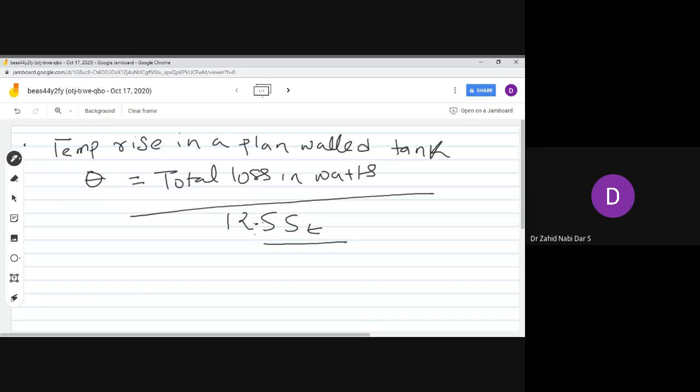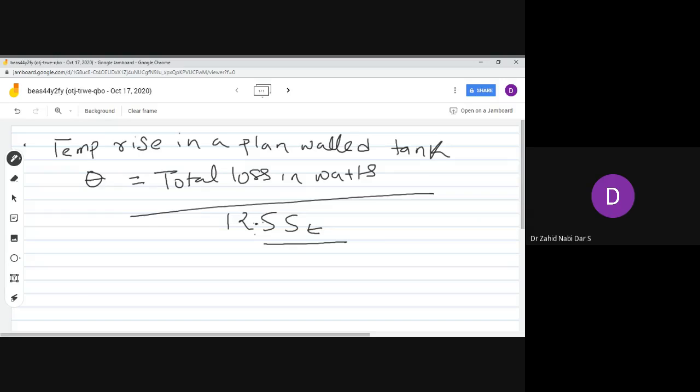As far as the total dissipation is concerned, St is the cooling surface area of the tank. So this tank will dissipate 12.5 St watts per meter square per degree Celsius.